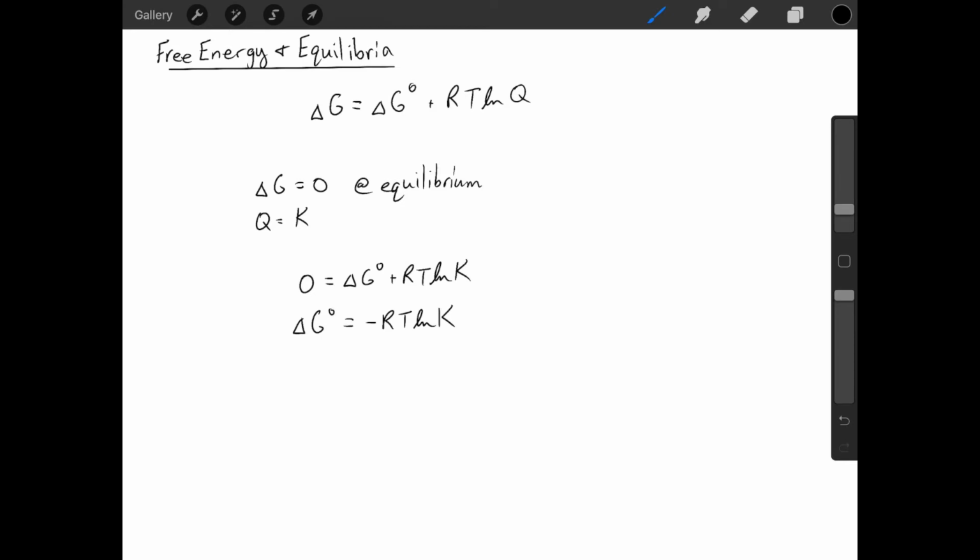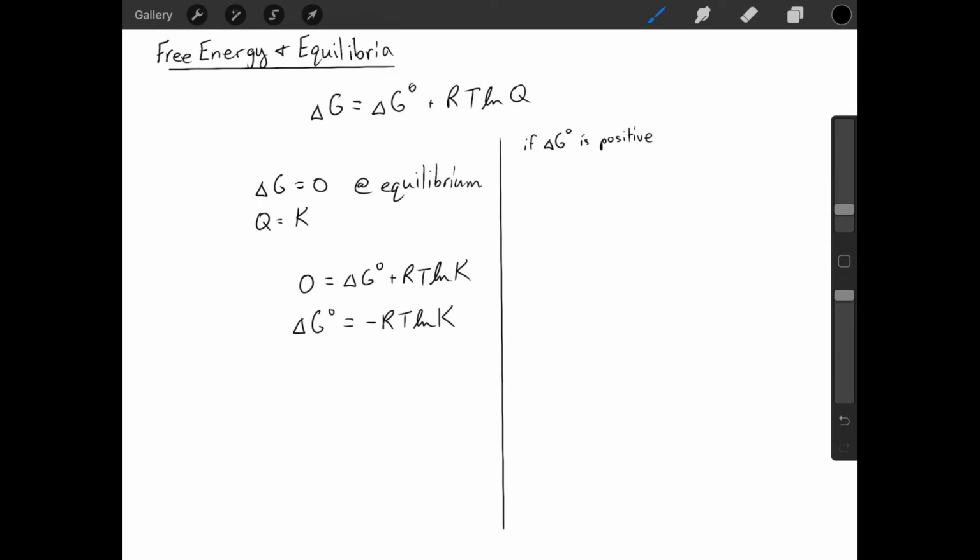And now we can look at what happens under standard conditions. If everything is run at standard conditions and delta G naught is positive, we can see the implications for the value of K. If delta G naught is positive, that implies that at standard conditions, the forward reaction is non-spontaneous.